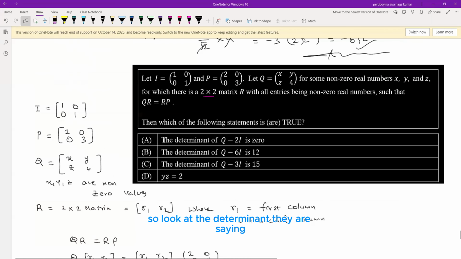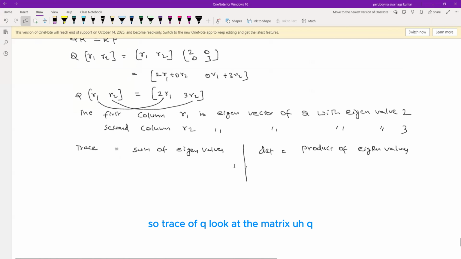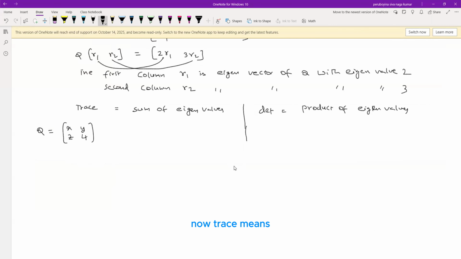So look at the determinant they are saying, and also determinant of Q minus 2I. They are talking about only the matrix Q. So trace of Q, look at the matrix Q. Q was [[X,Y],[Z,4]]. Now trace means sum of eigenvalues, 2 plus 3. Trace means X plus 4 is equal to 5, so X is equal to 1.